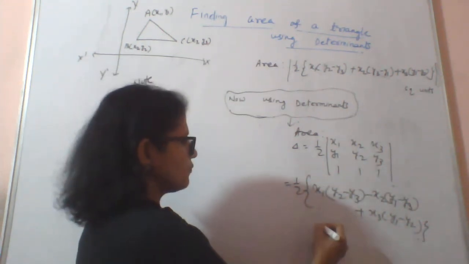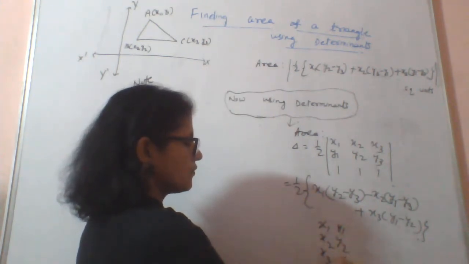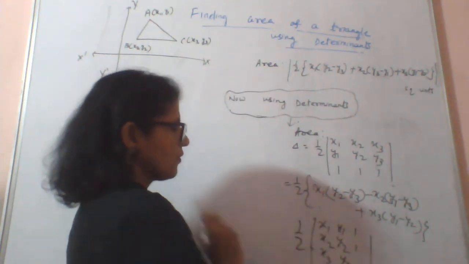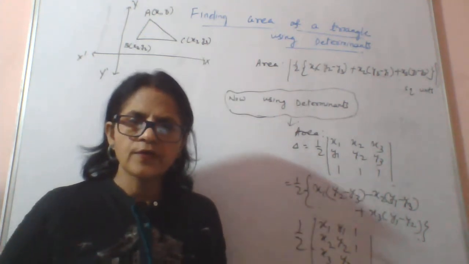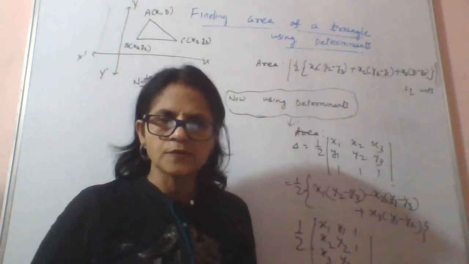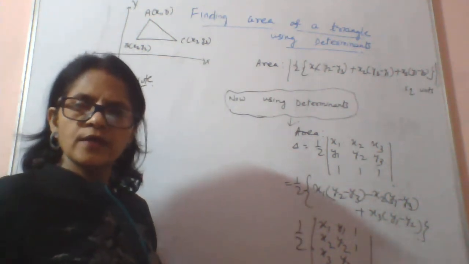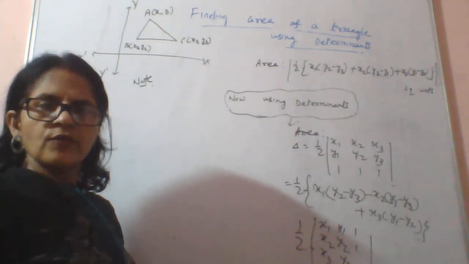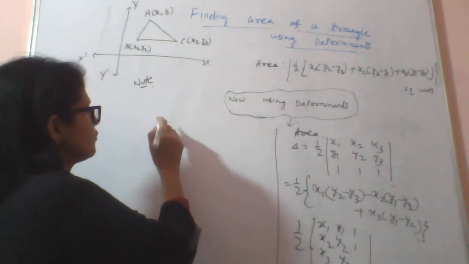In case you write x1, x2, x3 in the first column, y1, y2, y3 in the second column, and 1, 1, 1 in the third column, there is no difference because determinant of A equals determinant of A transpose. So this is the way to find the area of a triangle using determinants when we are given the vertices of a triangle.